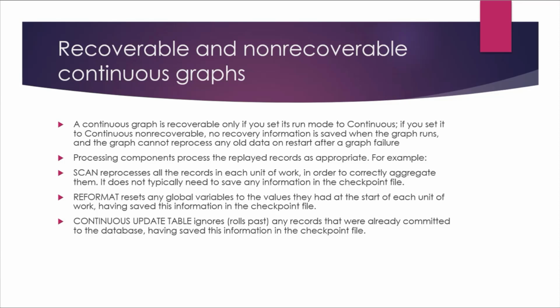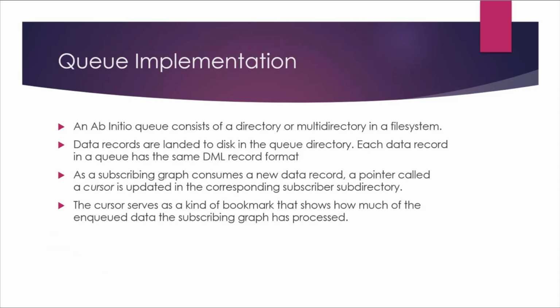Ab Initio queue. This is also something very important, so just understand that carefully. An Ab Initio queue is just a kind of directory, or a multi-directory you can say, on top of a file system.